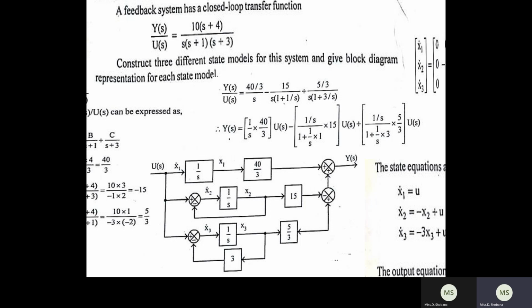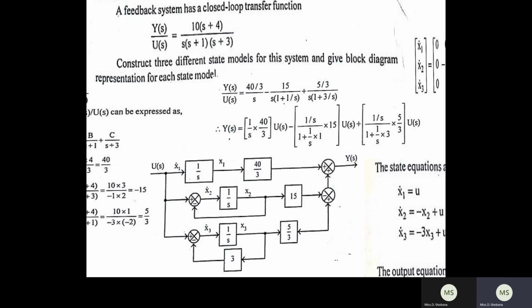So y of s divided by u of s. Now what we are going to do is take all the constants outside and convert that into 1 plus s terms, and the numerator will come as 40 divided by 3, divided by s, and 15. So here you can see the transfer function is given as usual.